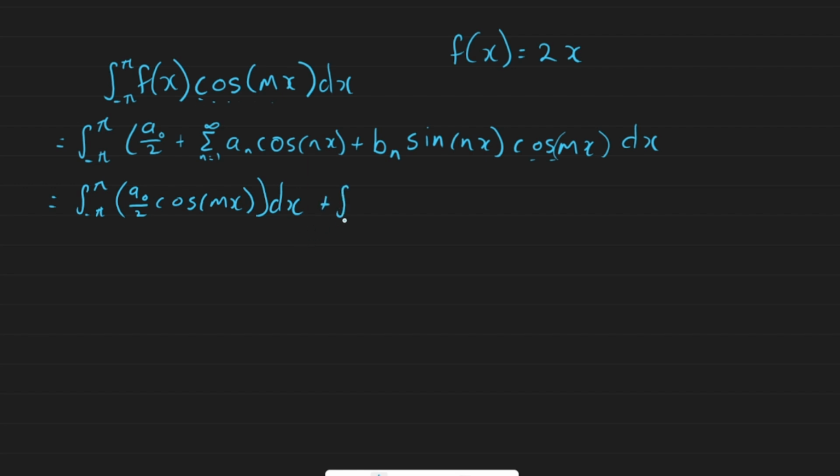Then we're going to find the integral from minus pi to pi of the second term. So that would be the sum of n is equal to 1 to infinity of an cos nx cos mx, because we're multiplying it, dx, and then the last term is the integral from minus pi to pi of bn sine nx, don't forget the sum.